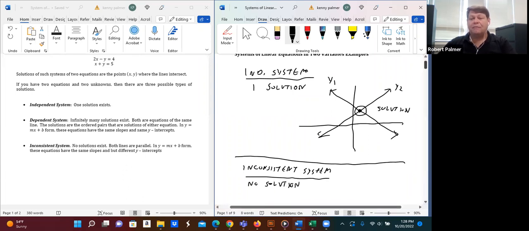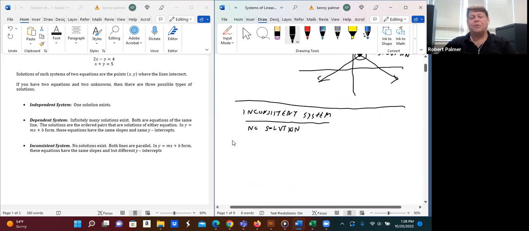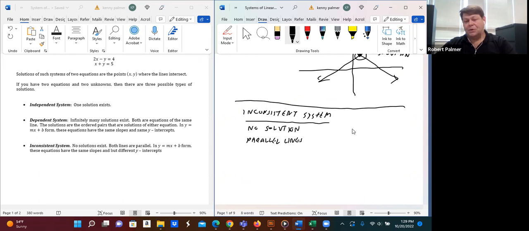Now, if solutions are places where the graphs intersect, then the only way the graphs can fail to intersect is if both lines are parallel. So you have parallel lines. And what that also means is that both equations have the same slope, but different y-intercepts.